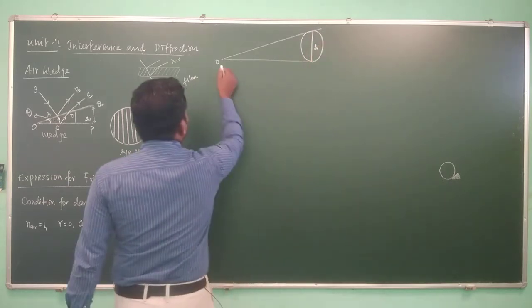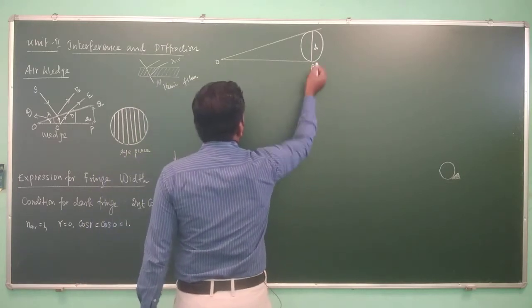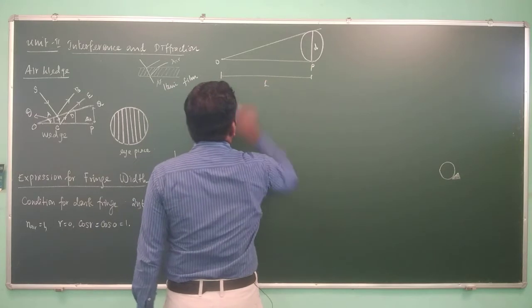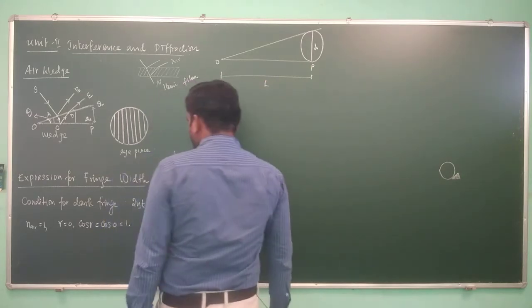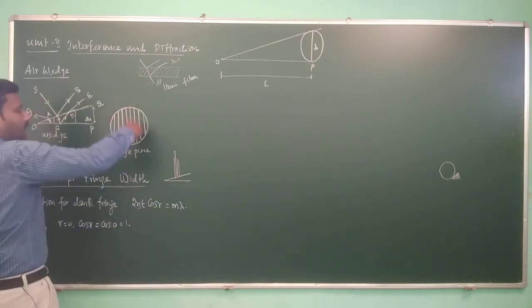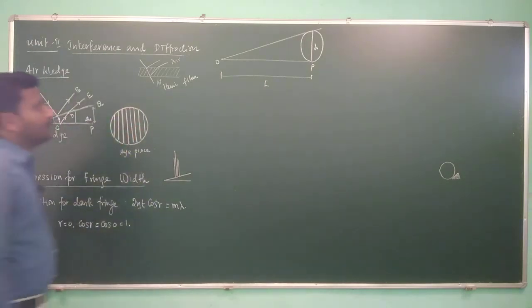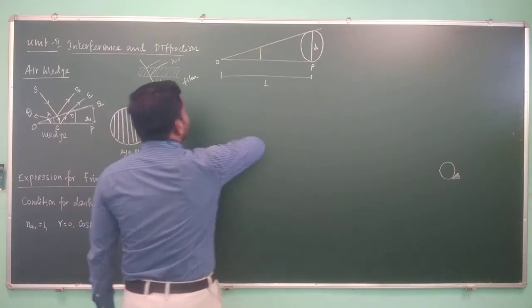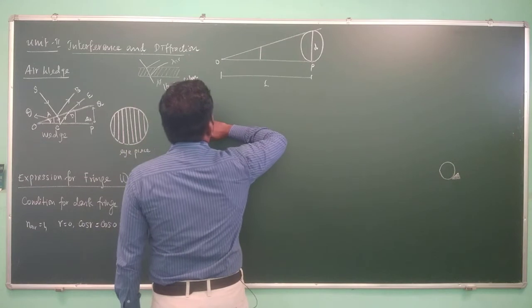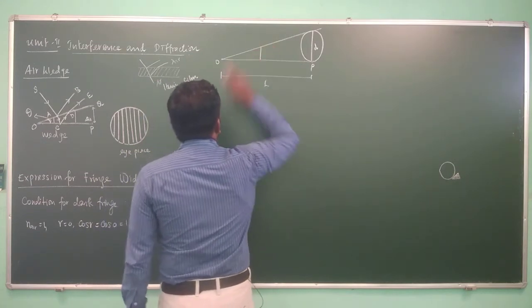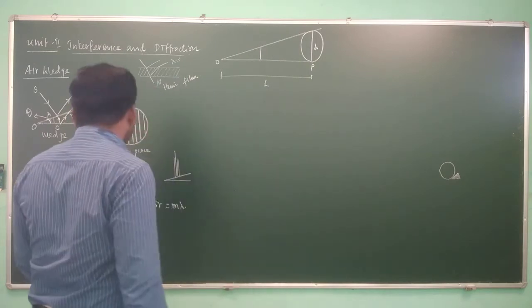From this point to this point, let us say OP, the length we can say is L. Now suppose we said there are bright and dark fringes created. So let's say the mth dark fringe is created at this point from O.